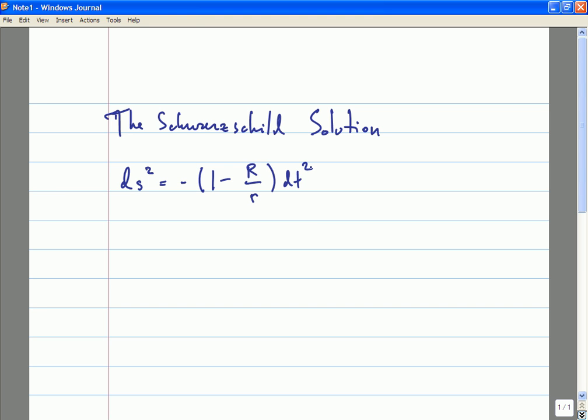So this metric is static, so there is a t-coordinate, and because the metric is static, all of the components of the metric can be written such that they are independent of the coordinate t. There is also a radial coordinate r, which is somewhat similar to the radial coordinate in flat space.